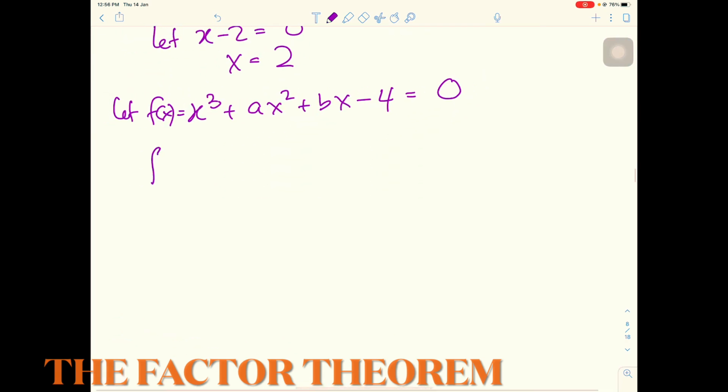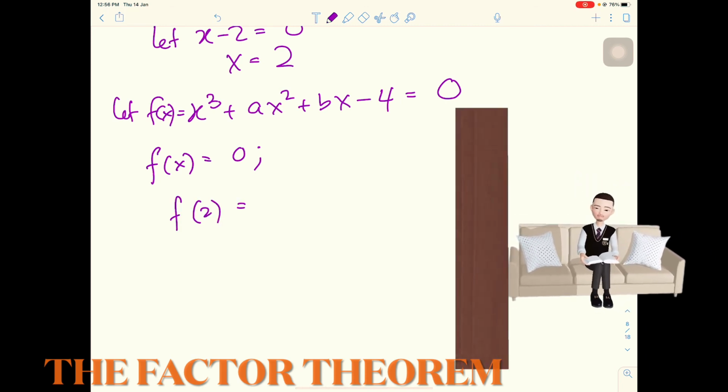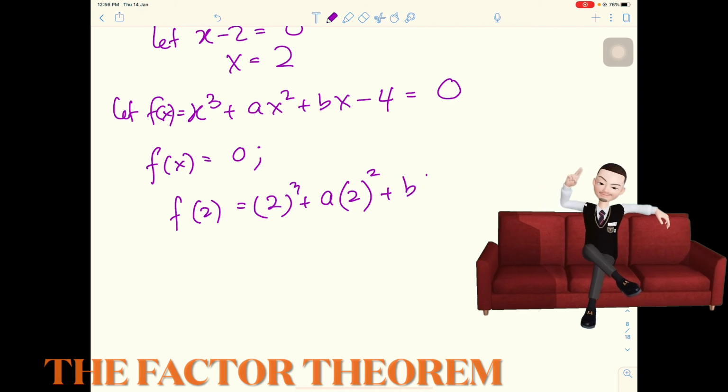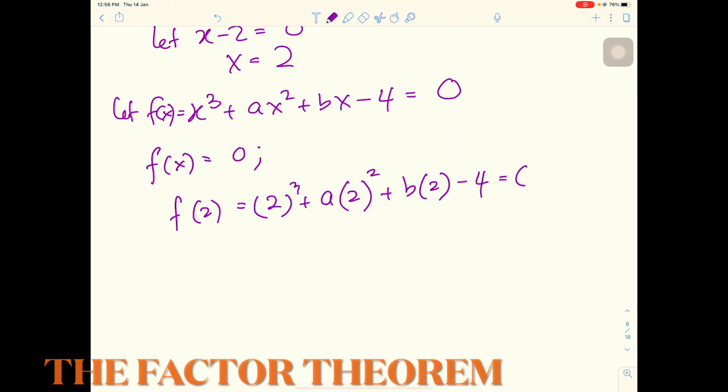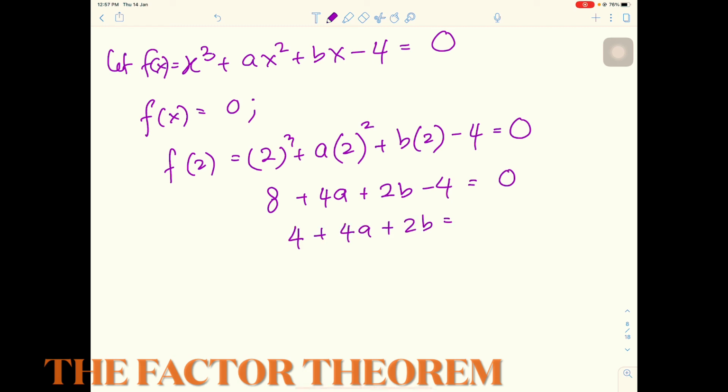When we want f(x) equals 0, therefore f(2) equals 2 to the power of 3 plus a times 2 squared plus b times 2 minus 4 equals 0. Simplify: 8 plus 4a plus 2b minus 4 equals 0. Then 8 minus 4, so 4 plus 4a plus 2b equals 0.